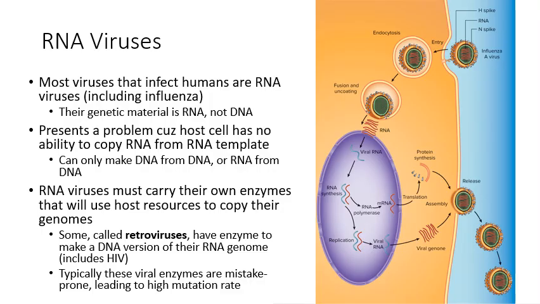They have their own enzyme that copies their genome, and those enzymes make a lot of mistakes, meaning that you have a really high mutation rate in the virus, and that's why we have new flu strains that evolve every year. That's also why during the COVID pandemic, you had so many new strains of COVID coming out frequently.